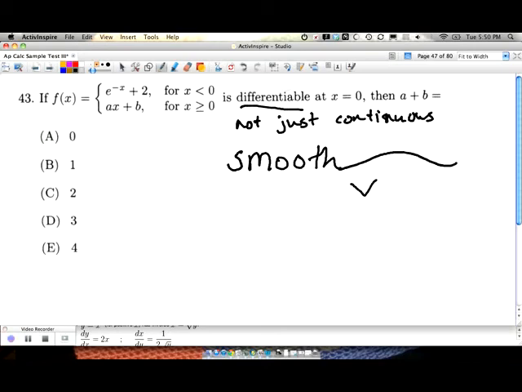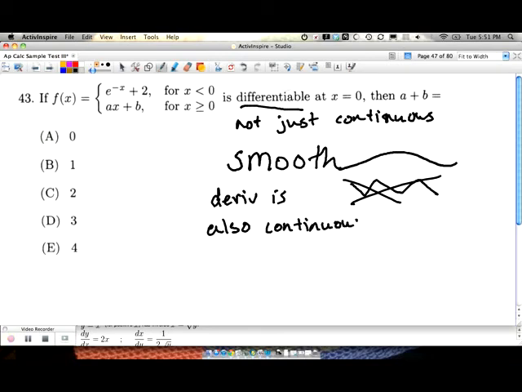In other words, no sharp points. If you don't have any sharp points, we're smooth. And if something's smooth, that means that the derivative is also continuous. Well, let's see what that means.